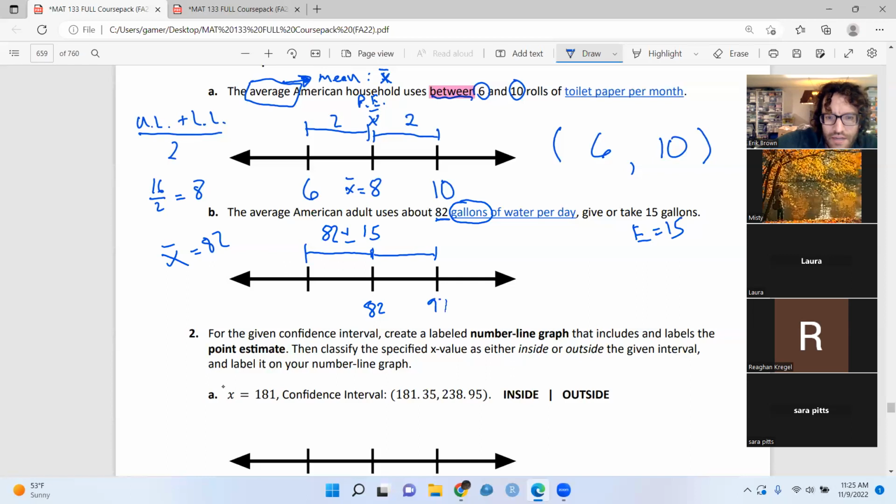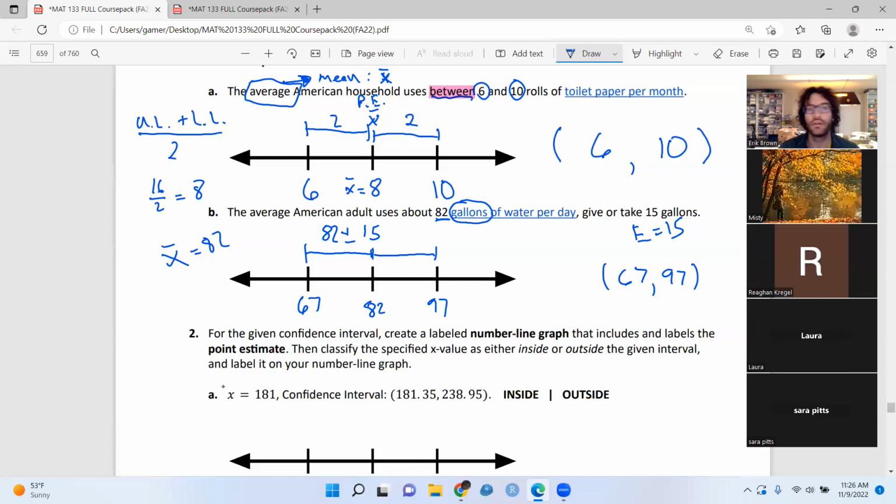Okay, so margin of error is basically like spread or standard deviation. Yeah, that's kind of a decent way to think about it. The point estimate is the mean, and then the margin of error is about one standard deviation around that mean, kind of. It's kind of not, because it's not spread.